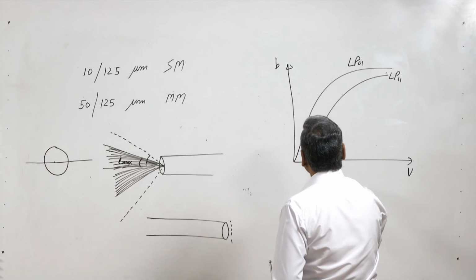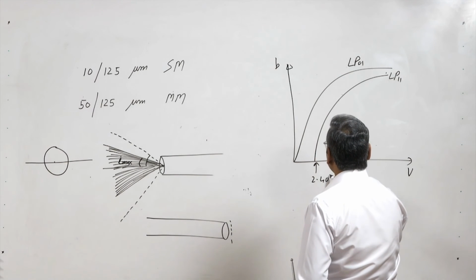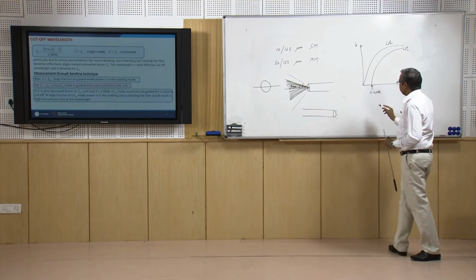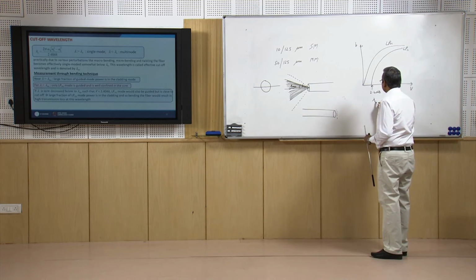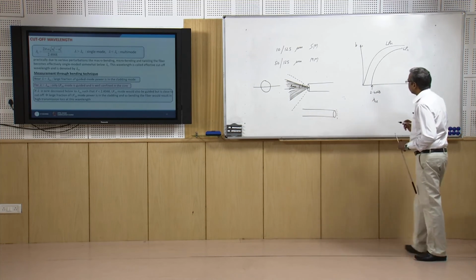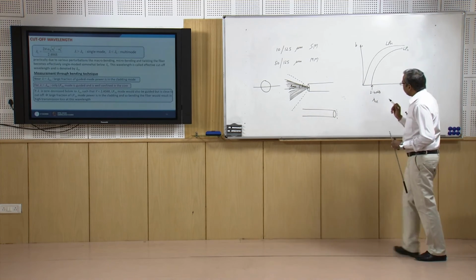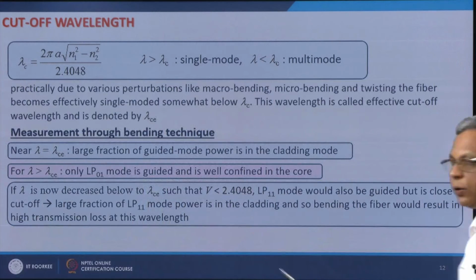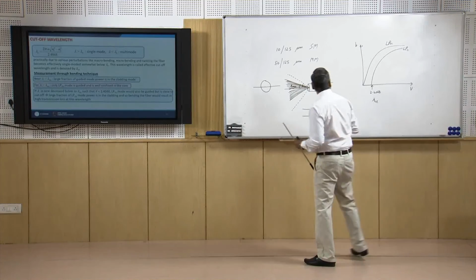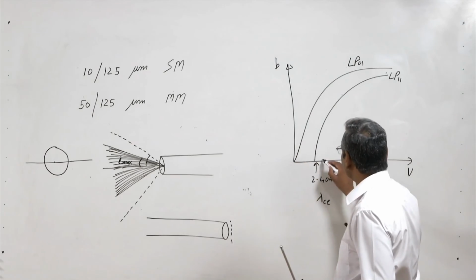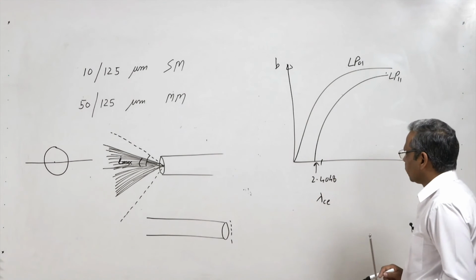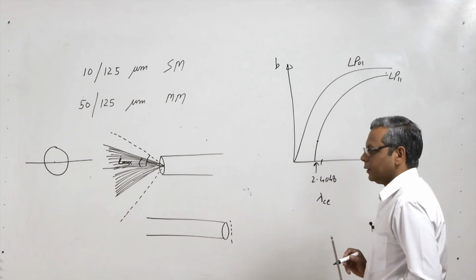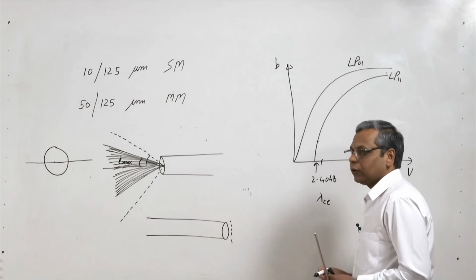This point is 2.4048, and it corresponds to, let us say, lambda C or lambda CE. So, when your lambda is decreased below lambda CE, that is, V is slightly greater than 2.4048, then this is also guided, but it is close to cutoff.